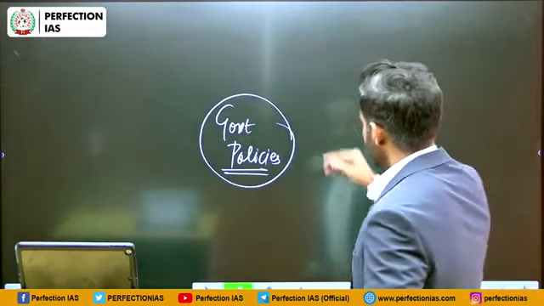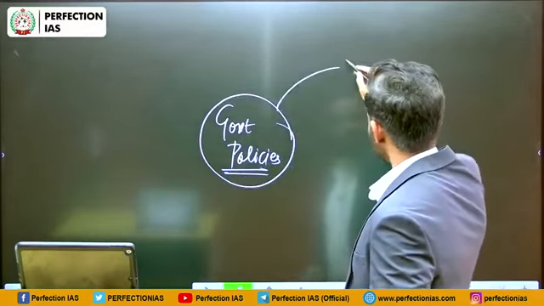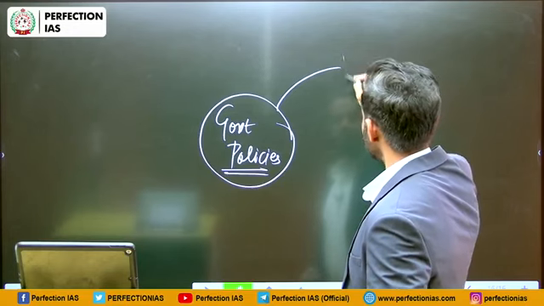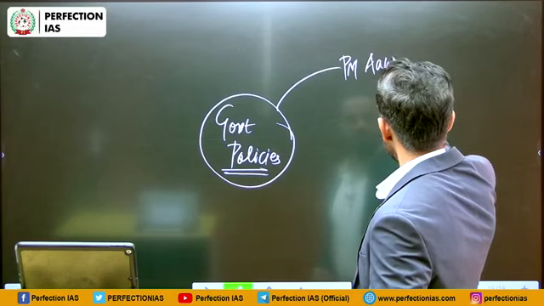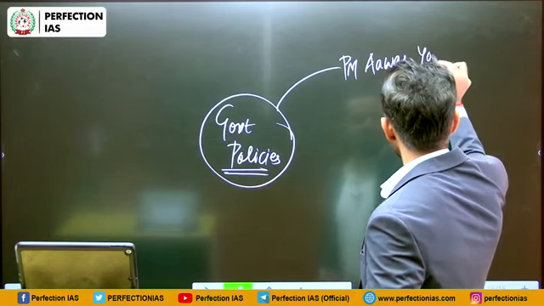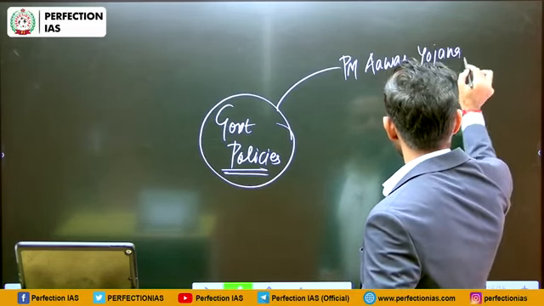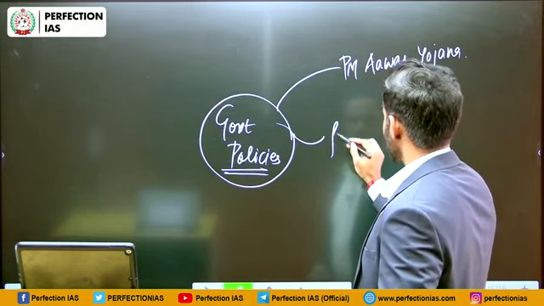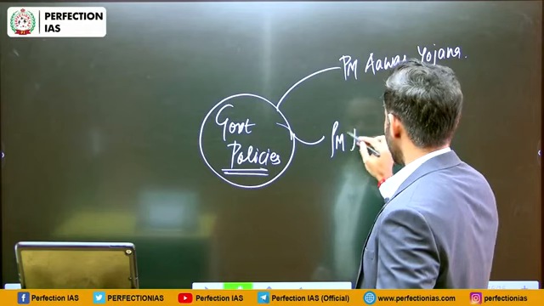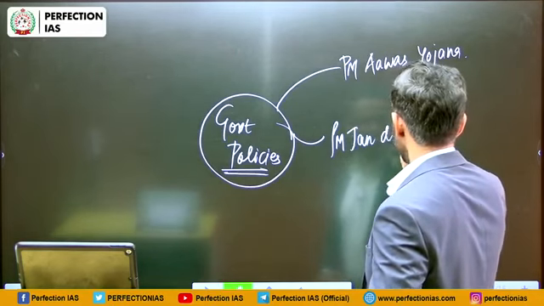So let's discuss them sector wise. For example, for house we have Pradhan Mantri Awas Yojana. For financial inclusion we have Pradhan Mantri Jan Dhan Yojana.